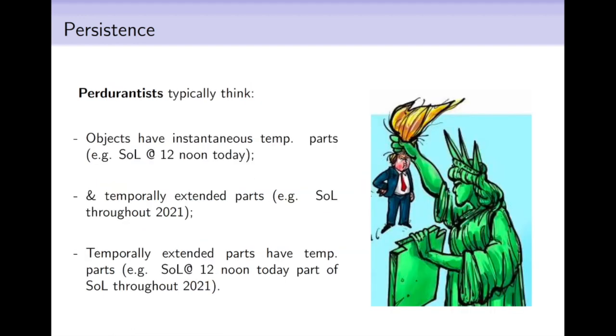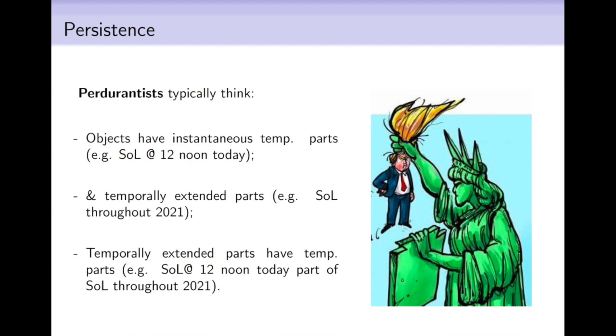Okay, so just a little bit more detail on what the Perdurantist typically thinks. So, obviously, as I've said, they think that there are different temporal parts of an ordinary object existing at different times. Normally, they'll say that objects have both instantaneous temporal parts and temporal parts that are themselves temporally extended.